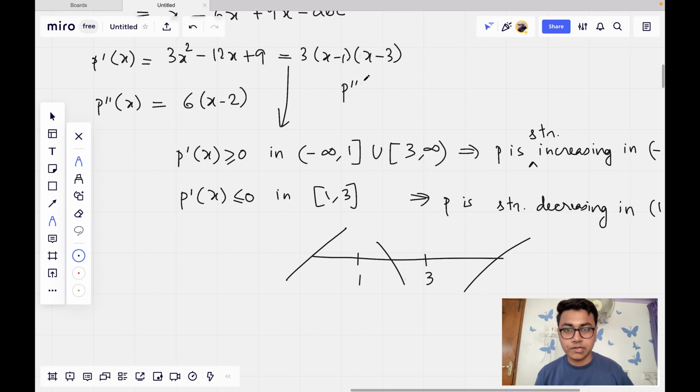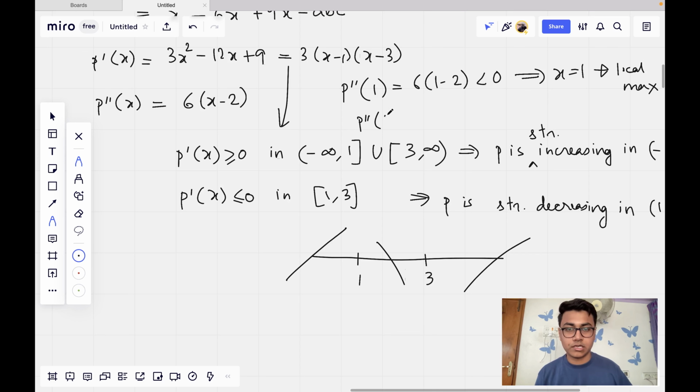So P double dash of 1 is equal to 6 times 1 minus 12, which is negative. So x equal to 1 is a point of local maxima. And P double dash of 3 is 6 times 3 minus 12, which is positive. So x equal to 3 is a point of local minima.